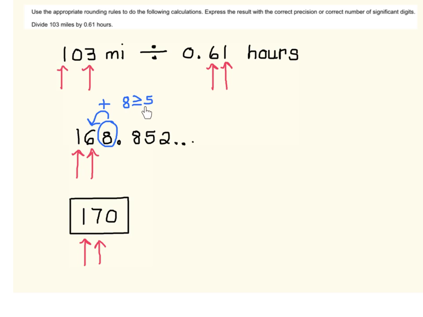And since that is the case, this 8 is going to cause the 6 to increase by 1 to a 7. So the 8 drops down to a 0 because it's not a significant digit, and the 6, because 8 is greater than or equal to 5, increases one digit to a 7, which makes our answer 170.